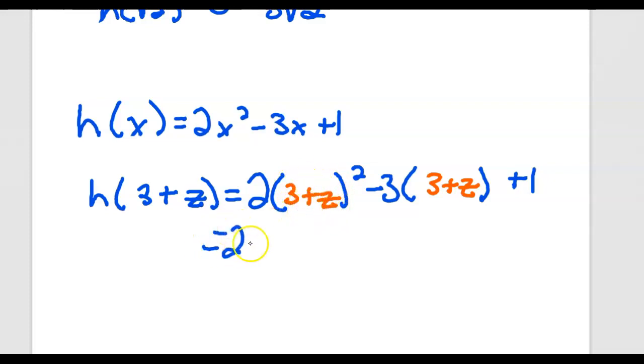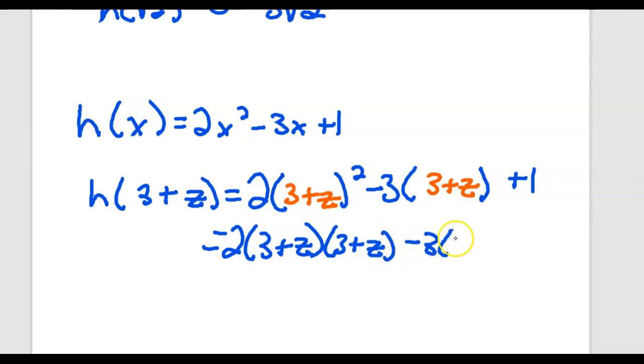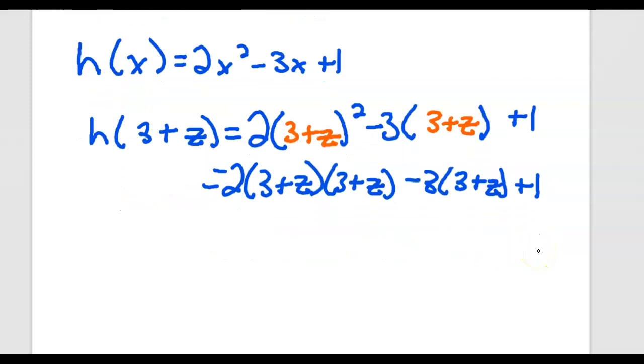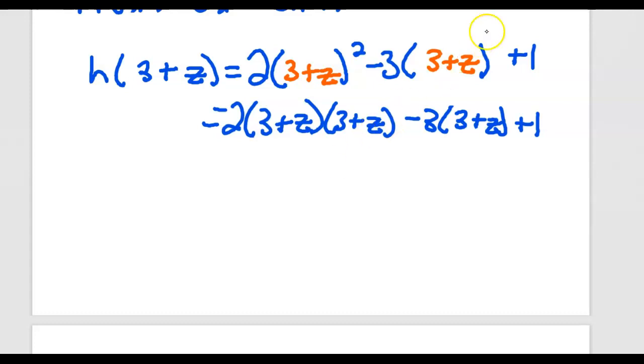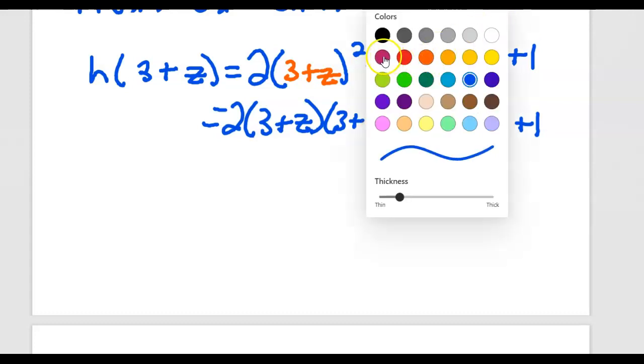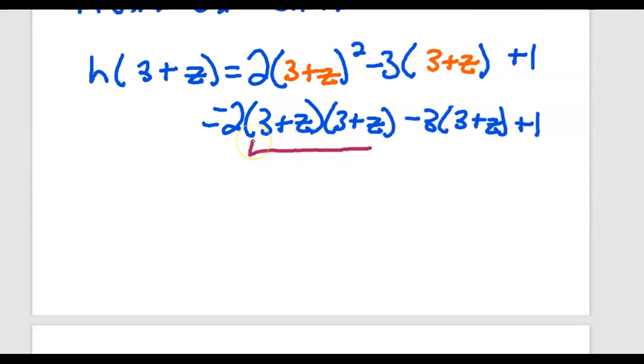So if it is easier for you, write down that set of parentheses twice and then do the multiplication. So whenever you go to actually multiply it, I'm going to go ahead and finish out the parentheses here first. You may use FOIL, you may use what's considered distributive property.